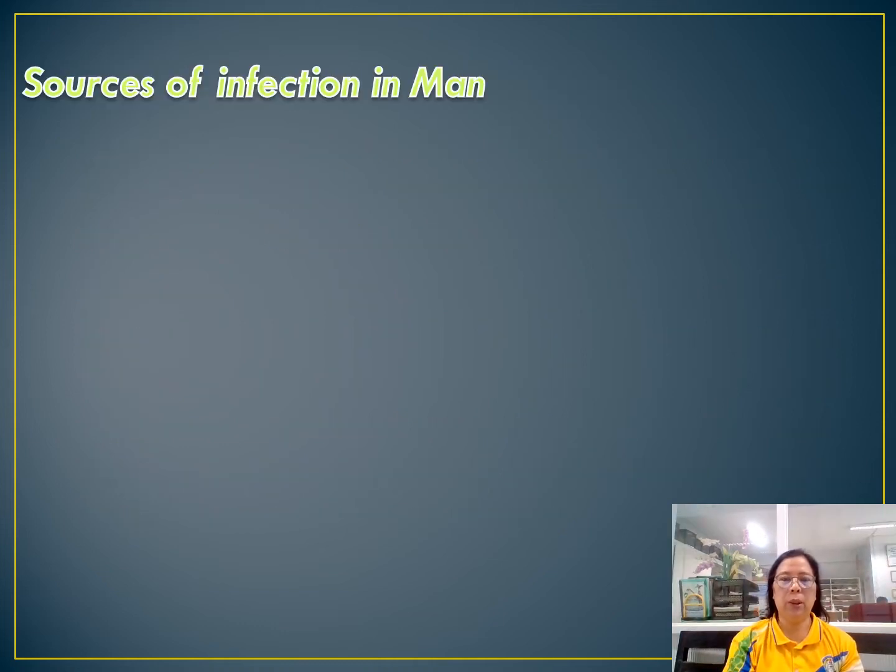We have now to discuss the sources of infection in man. So your mind setting for this time is to look at man or yourself as the subject for infection. But think of another man, not yourself, as the one having the infection.